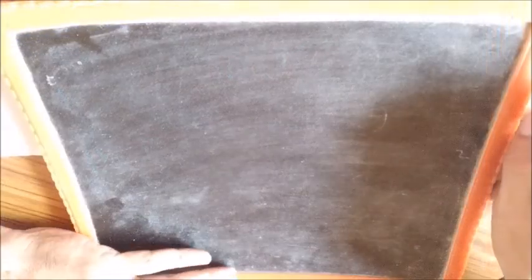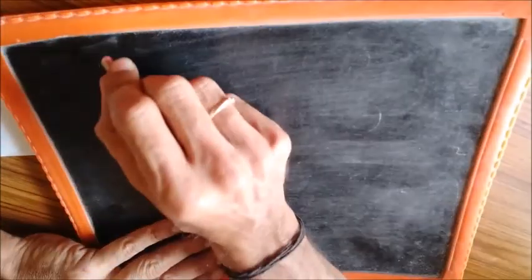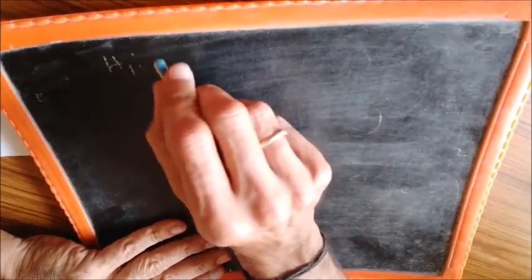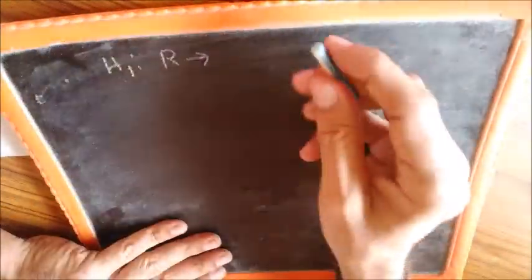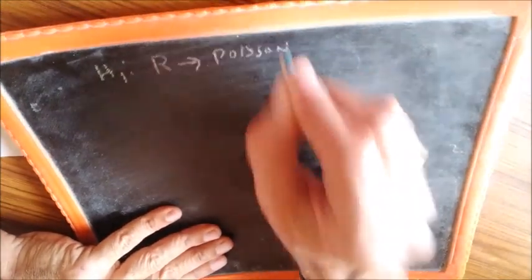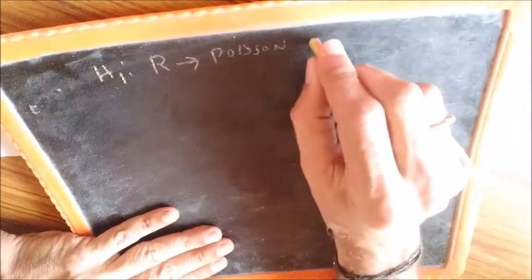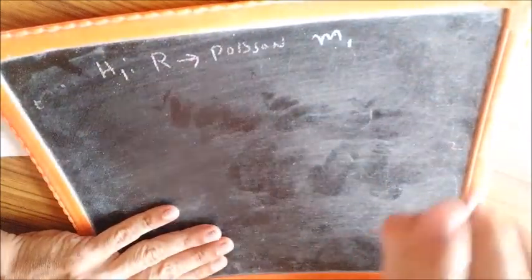Okay, now the last example. Now in this example, when H1 is the true hypothesis, the received random variable is Poisson distributed and its mean is M1.